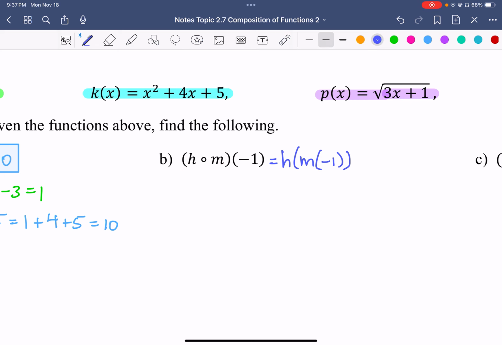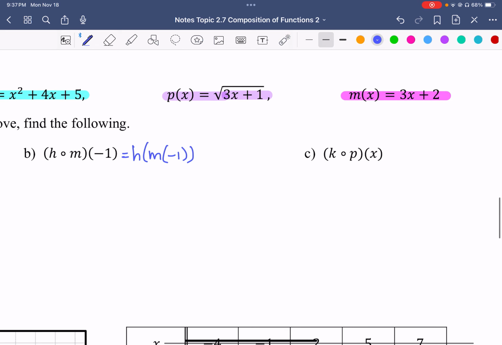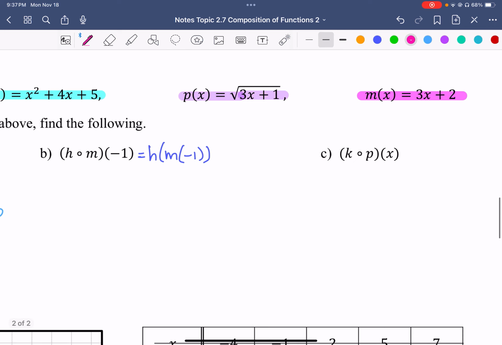Okay, so first I need to figure out what is m of negative 1. So m of negative 1 would be 3 times negative 1 plus 2, which becomes negative 3 plus 2, which equals negative 1.